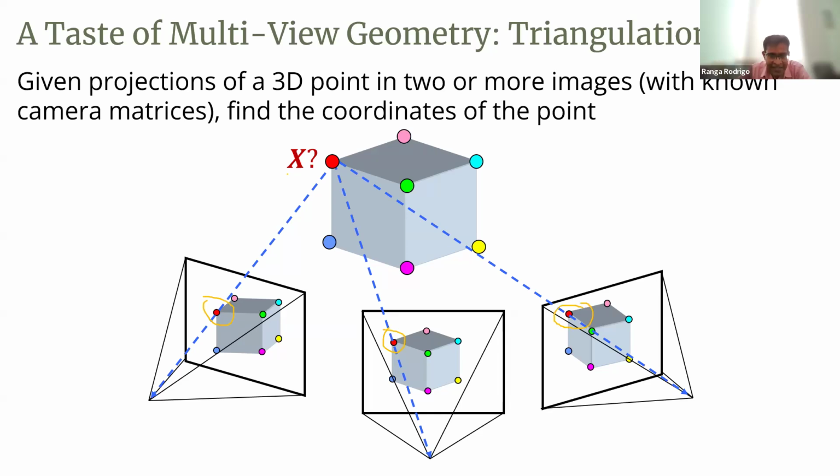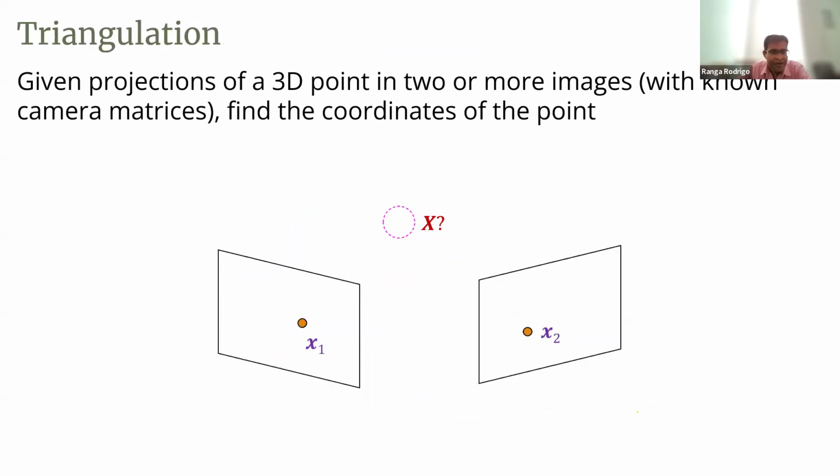So you are asking where is the 3D point? That's called triangulation. You know the camera location and poses, where the camera center is, all these things. The three camera matrices, we know. That's the question.